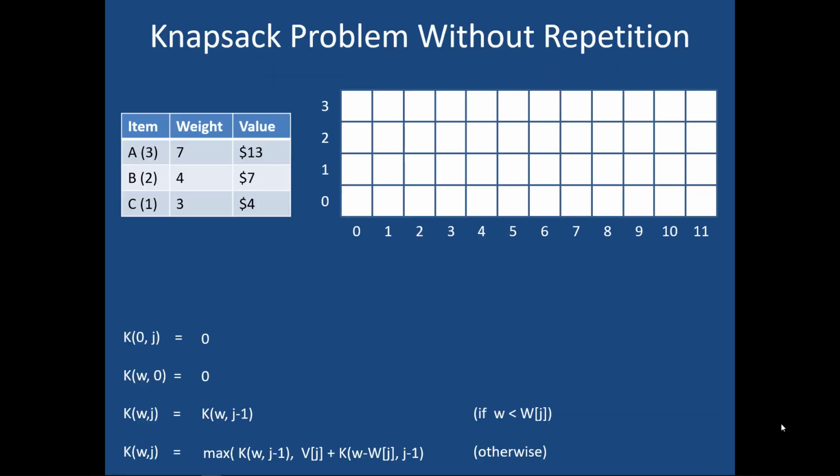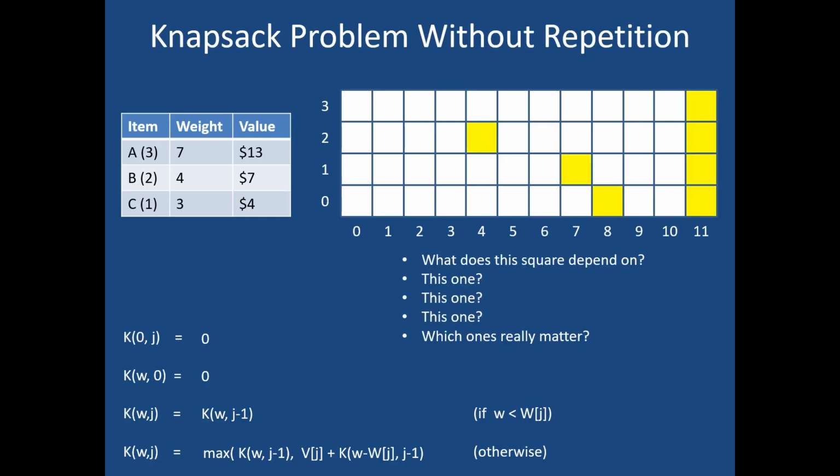Well, it didn't look like any of the yellow squares overlapped at all. Oh, I see what you're saying. Yeah. In this case, I don't know. I'd have to think about this a little bit harder. But you're right. It may be that we don't ever make the same recursive call twice. But it would be very data dependent.